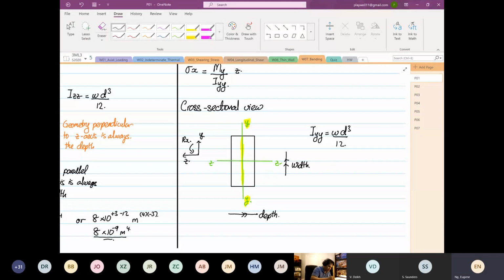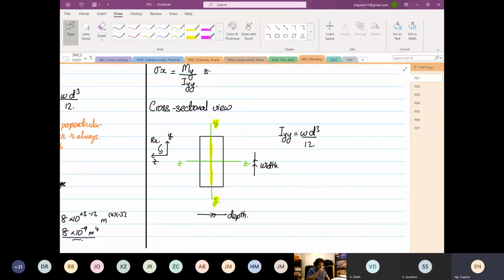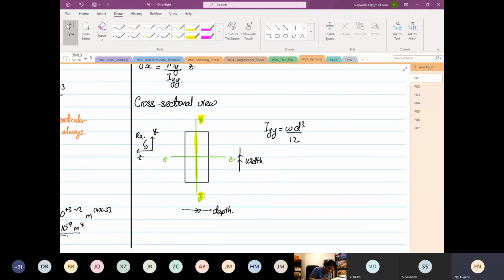Okay. So now it changes. So from here, the width, if I'm going to put our geometry, this will be 20 millimeters. Over here, this is 12 millimeters. So now your width becomes 20 multiplied by 12 cubed divided by 12.